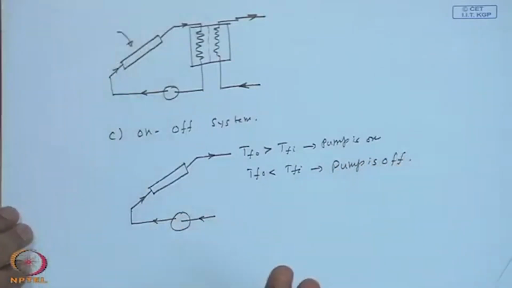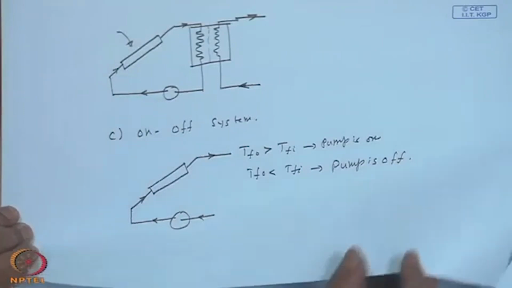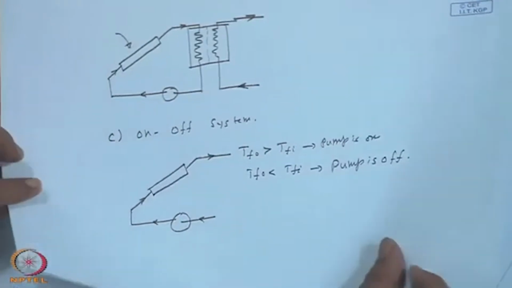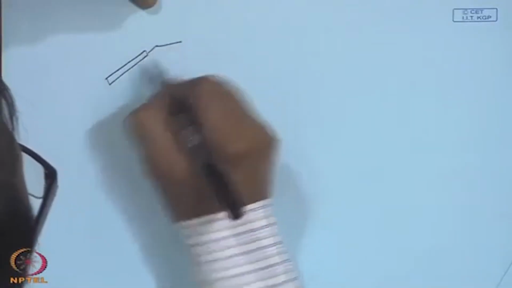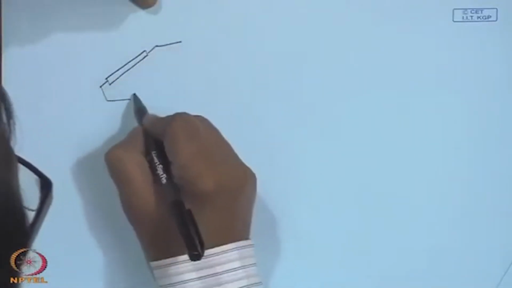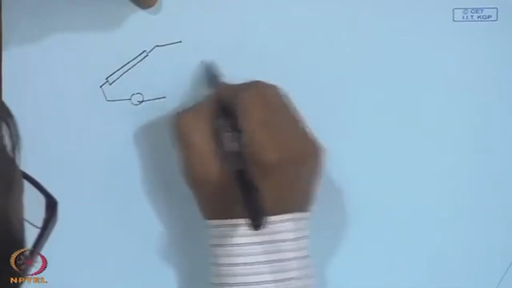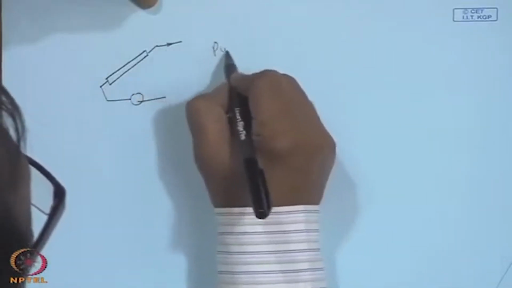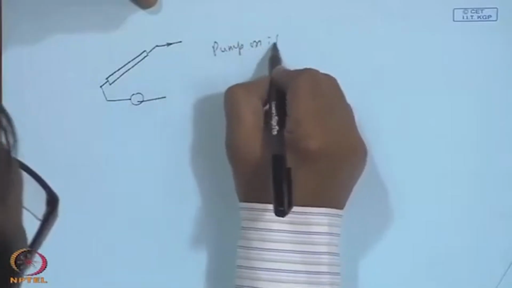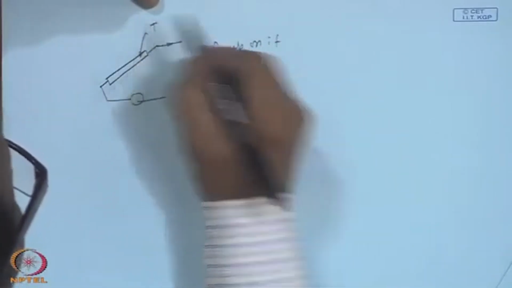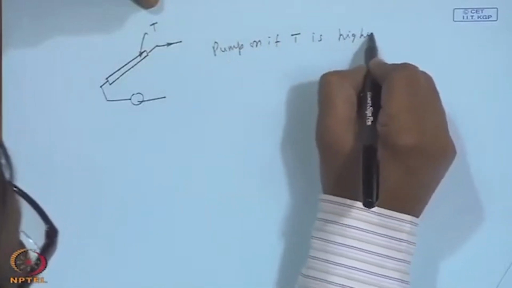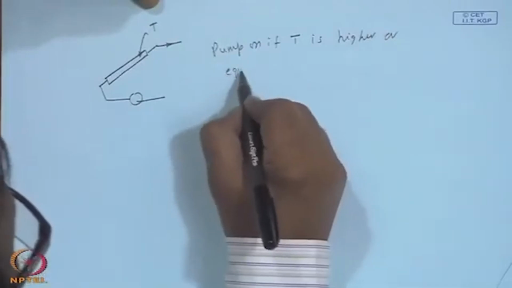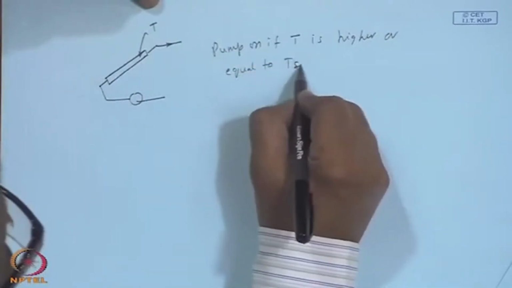This is a typical on-off system as practiced in the US, and of course, you may have it alternately. Pump on if somewhere at the T is higher or equal to the set temperature.